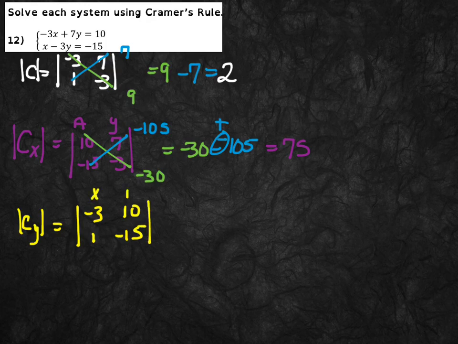So x and then the answers. And your downs, in this case, is going to be a positive 45. Your ups are going to be a positive 10. So when you do downs minus ups, your answer is a positive 35.